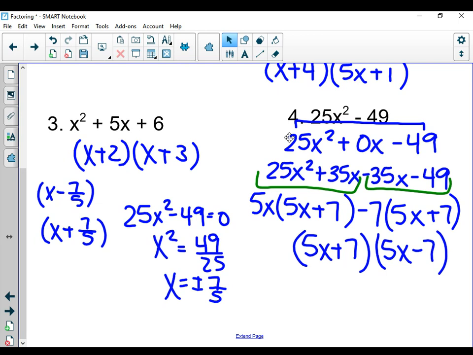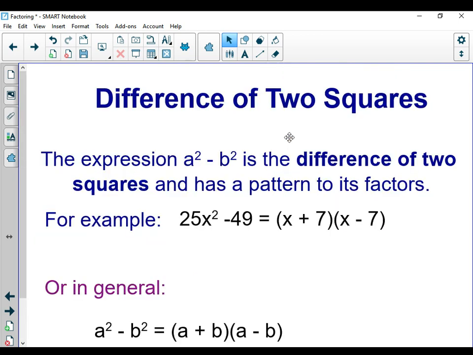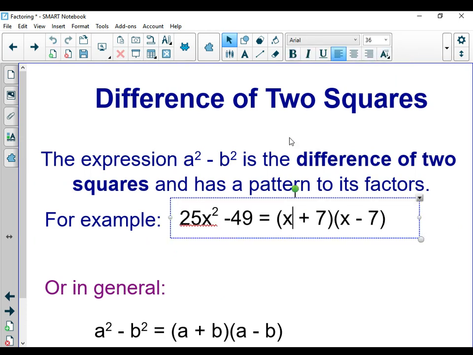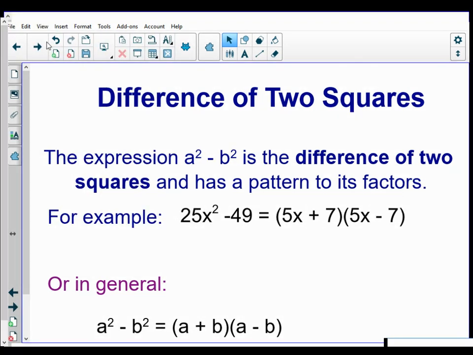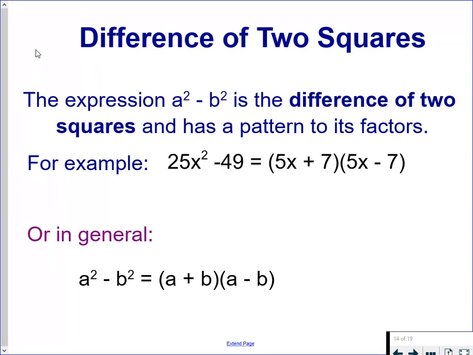Okay. So here's a minus sign. That means difference. Okay. And that's two things I can take the square root of. That is called difference of two squares. All right, so if you notice the minus sign in between, you notice that they are perfect squares, difference of two squares.